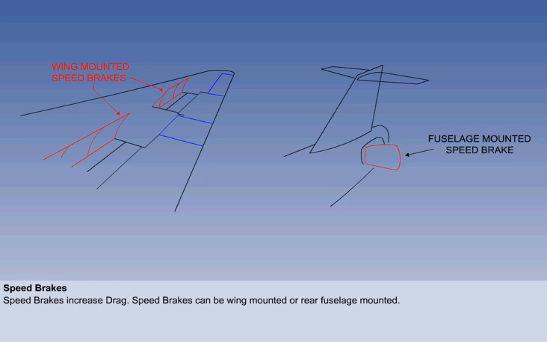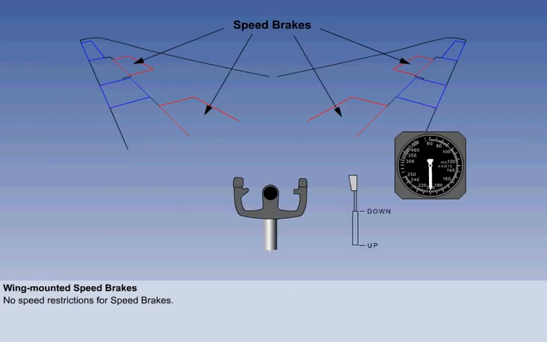Ideally, speed brakes should give an increase in drag without affecting lift or causing a change in pitching moment. Fuselage-mounted air brakes are best suited to do this, but are only occasionally used on civilian transport aircraft. Modern high-speed jet transport aircraft usually use the spoiler surfaces on the wing as speed brakes.